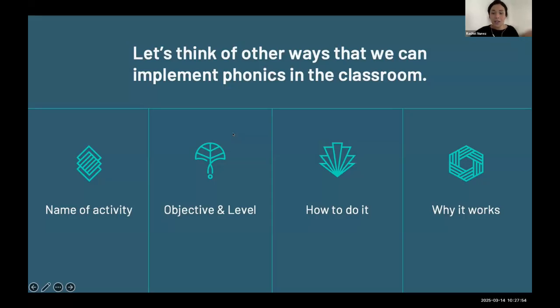So you can go A, and they can go A, and they could be creating it with Play-Doh. They're seeing how it's written, and they're also making the sound out loud. So that's the best way.